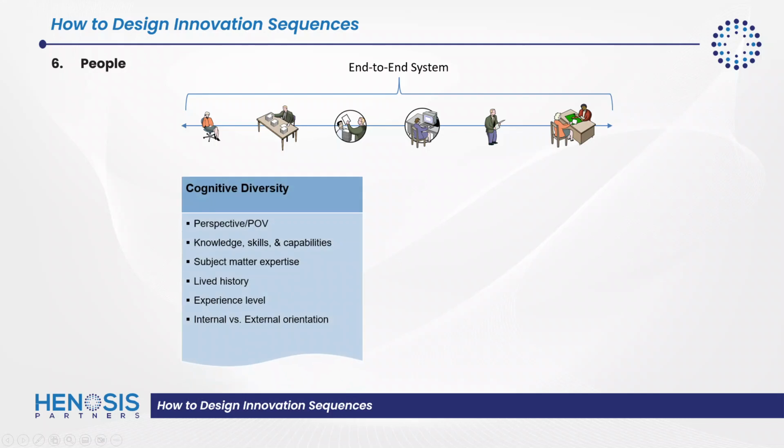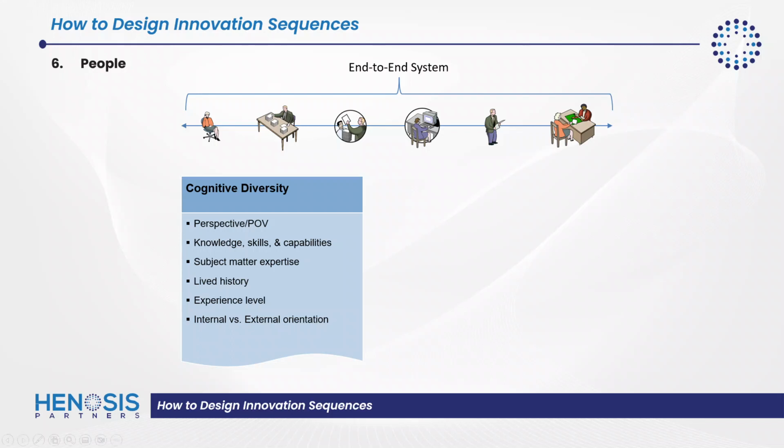And beyond that, you need to consider diversity, and diversity in two regards. Cognitive diversity, which reflects different perspectives and points of view, different knowledge, skills and capabilities, different subject matter expertise, a different lived history, different experience levels, and different orientations in terms of internal versus external to the system.